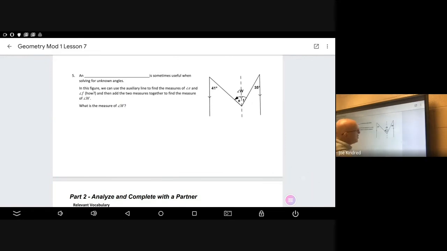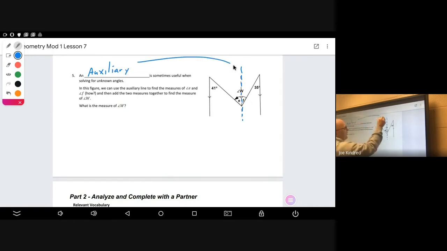It's one that you would draw in to help in determining an unknown angle. So for instance here, the auxiliary line is shown right here in the dotted line. And it will help us determine, for instance, some missing angles.